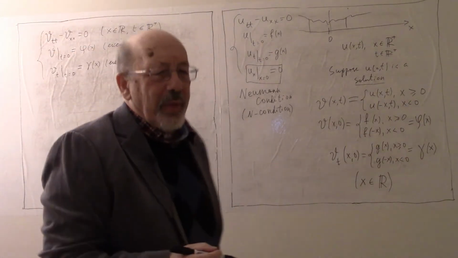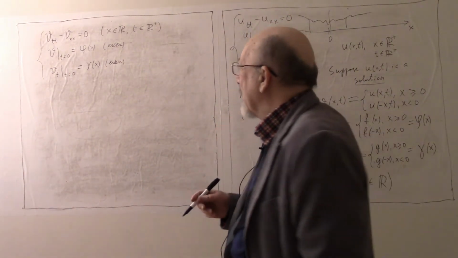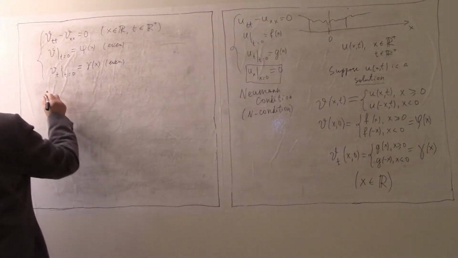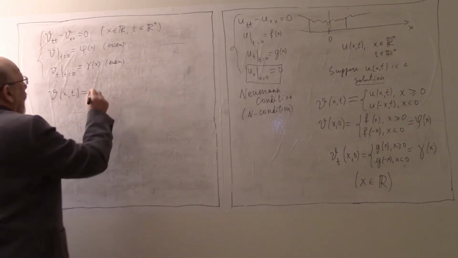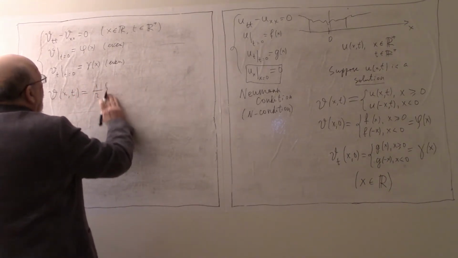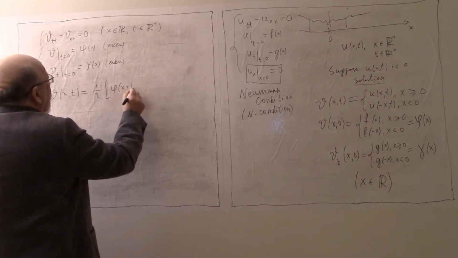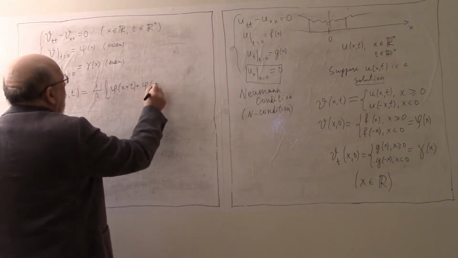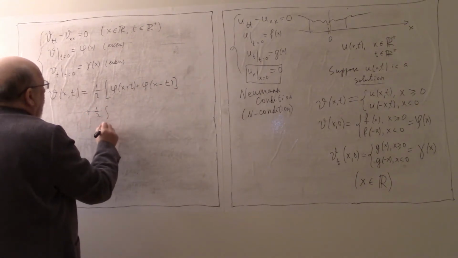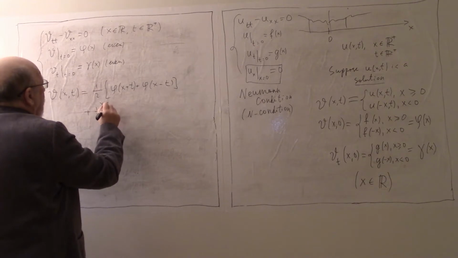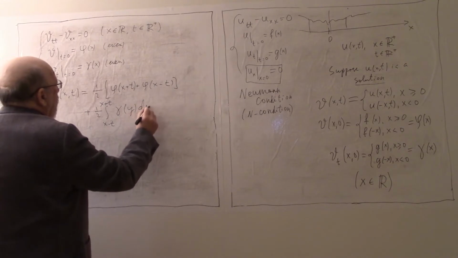And now we apply the same formula which we used already more than once. Let's find the solution. v of x,t equals 1/2 phi of x plus t plus phi of x minus t plus 1/2 integral from x minus t to x plus t gamma of y dy.